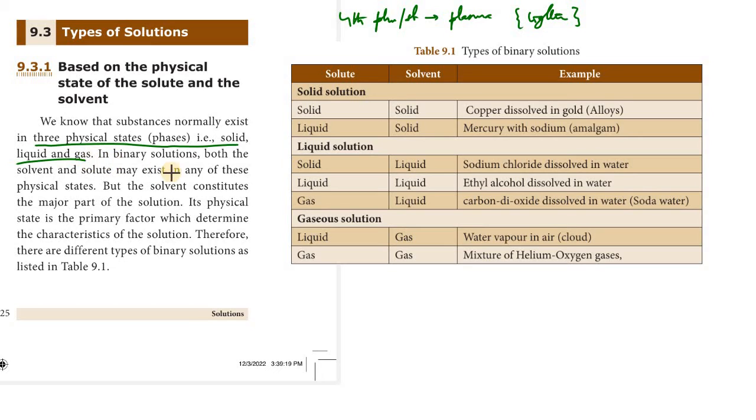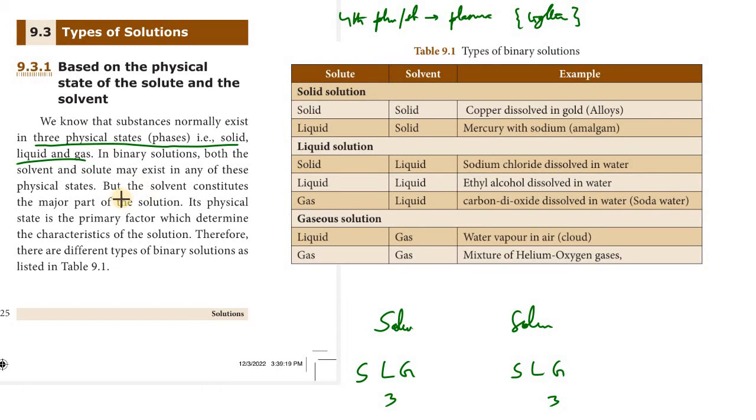Now in the case of binary solutions, both the solvent and solute may exist in any one of the physical states. So we have solute and we have solvent. Solute can be solid, liquid, gas. Again, solvent can be solid, liquid, gas. So overall 3 into 3, so many possibilities are there.